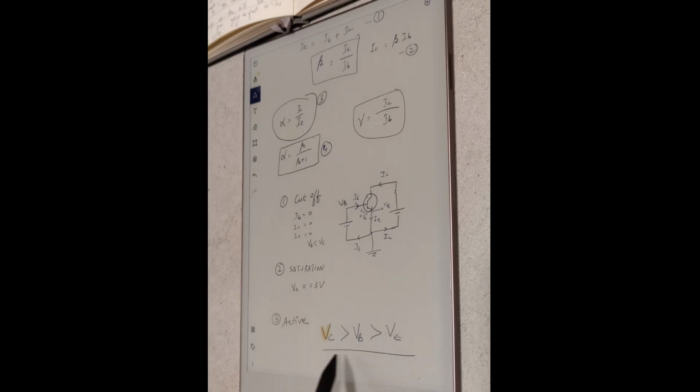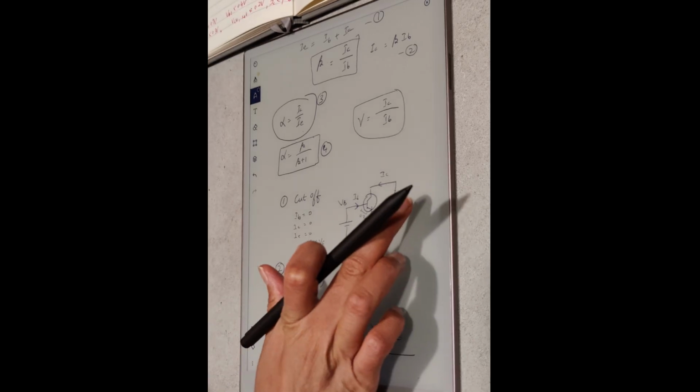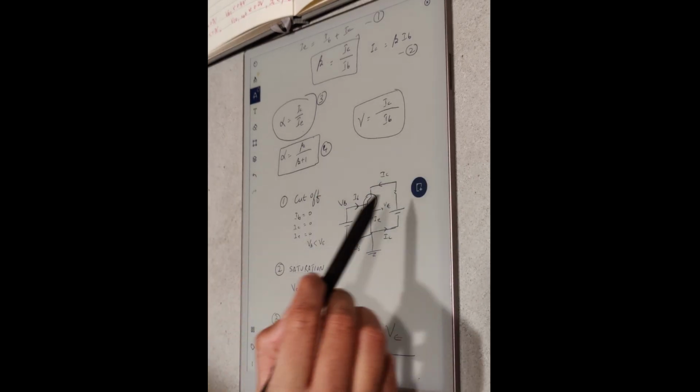So just remember that this has to be true when it's in the active mode. Alright, so I think that is all about transistors, the basics at least. Now we can try to do some circuit problems. So let's do that.